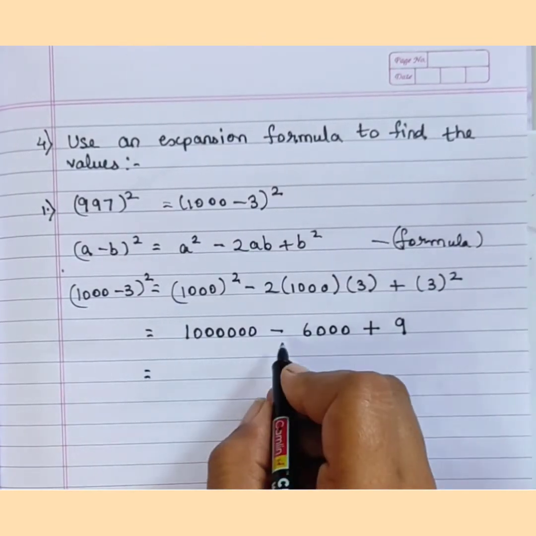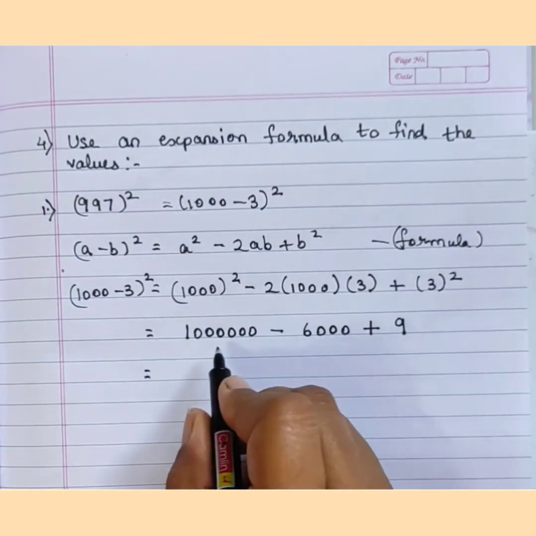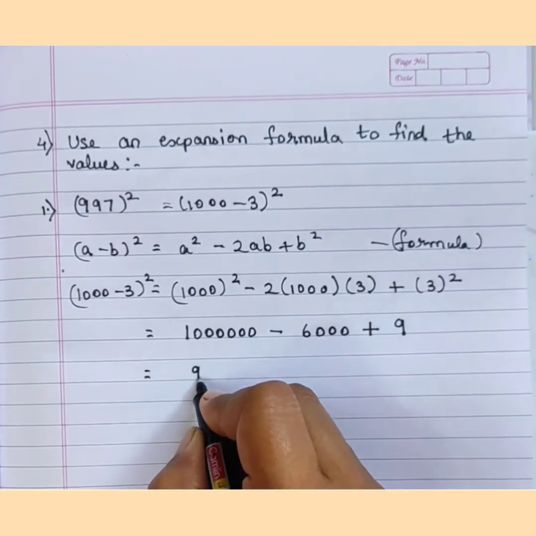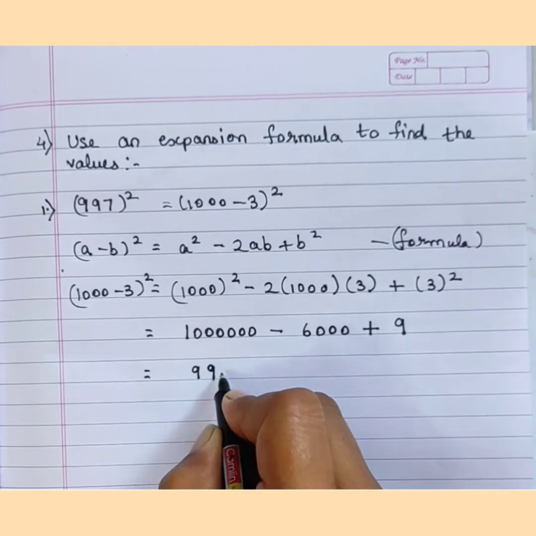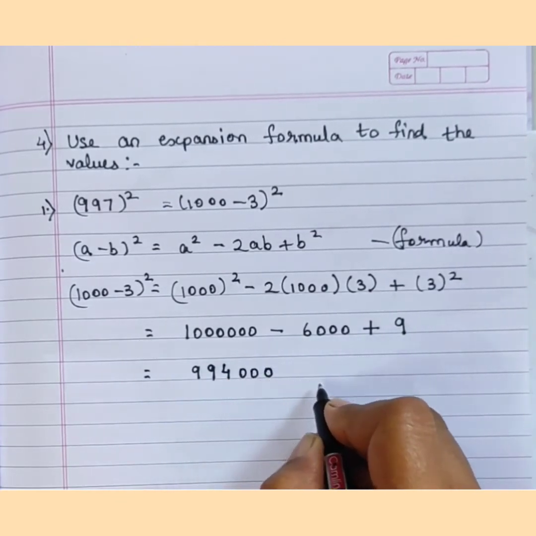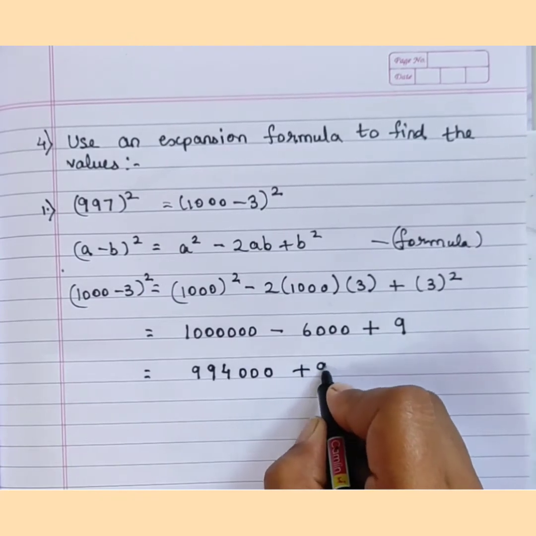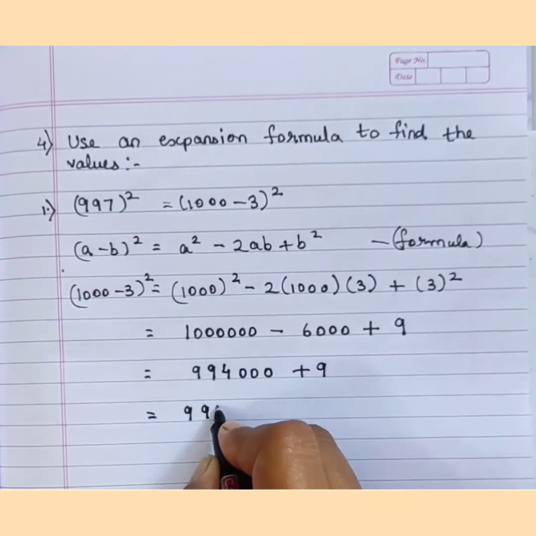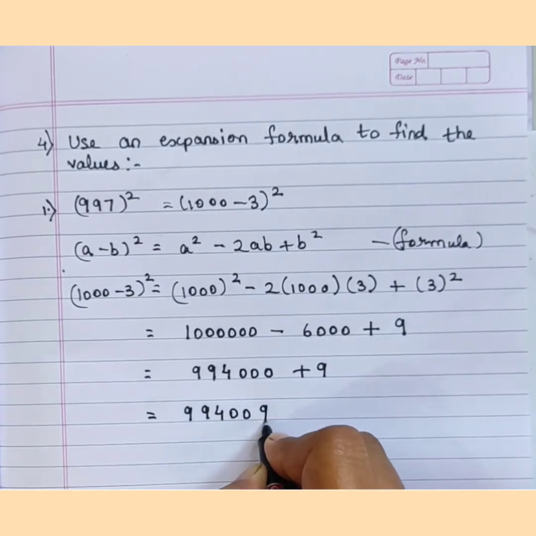So now you are going to subtract the 6000 from 10 lakhs. So you get 9 lakh 94,000 plus 9, which is equal to 9,94,009.